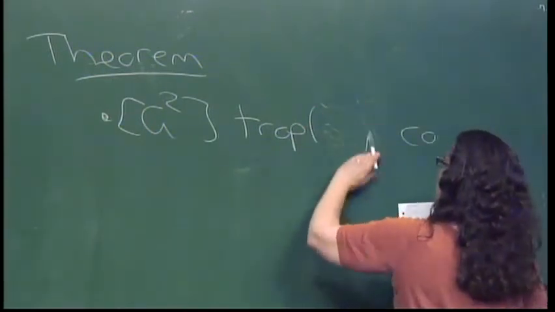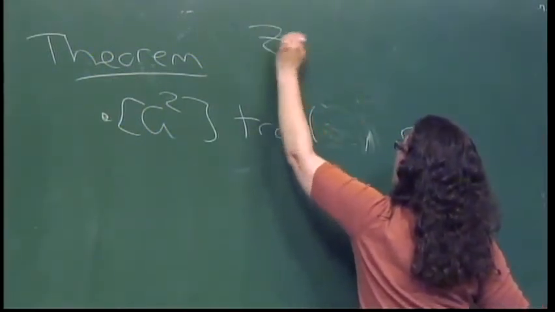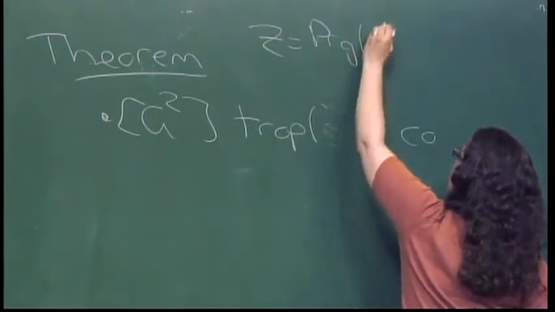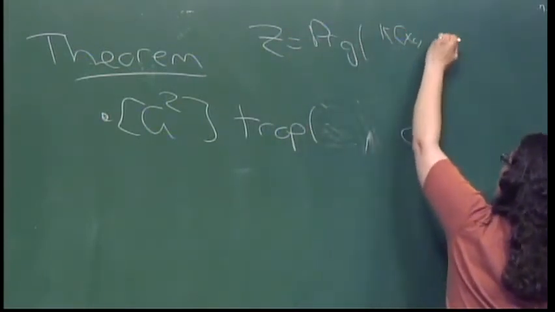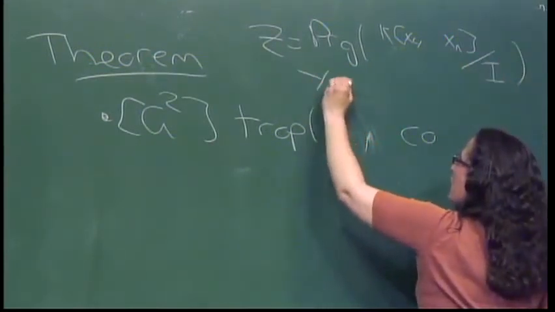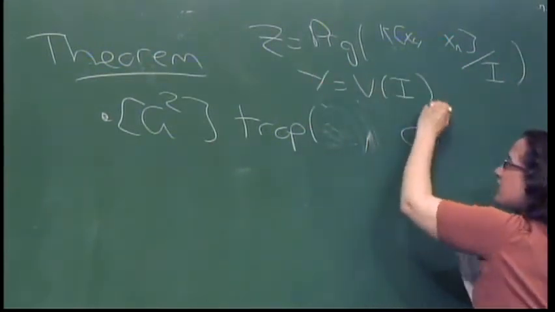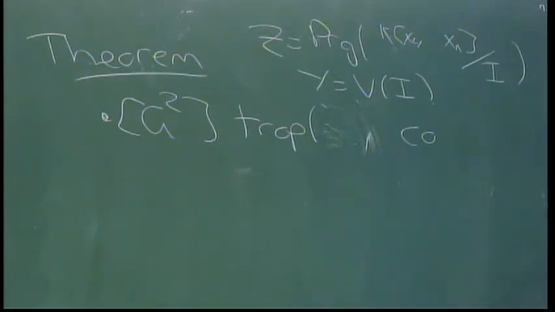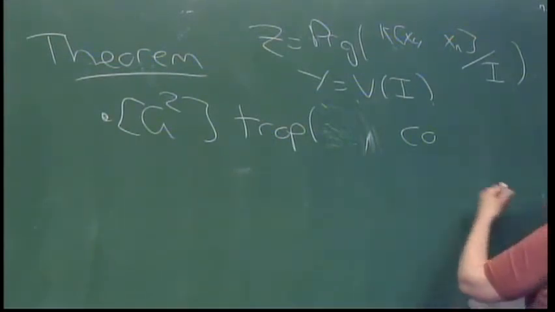So Z is proj k adjoin x naught up to xn mod I, and then let me just write Y for the variety of I, meaning just the point set, just the underlying reduced variety.